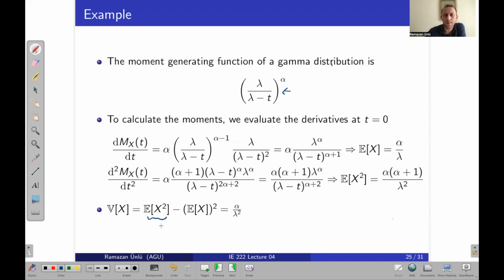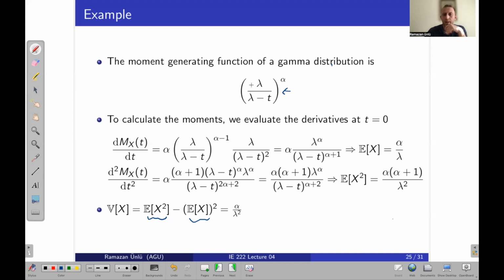So that is the second moment, and that is the first moment. And we just learned how we can calculate the first moment, second moment, third moment, etc. Well, how? To calculate the first moment, we need to take the derivative of the moment generating function and evaluate it at t equal to 0.